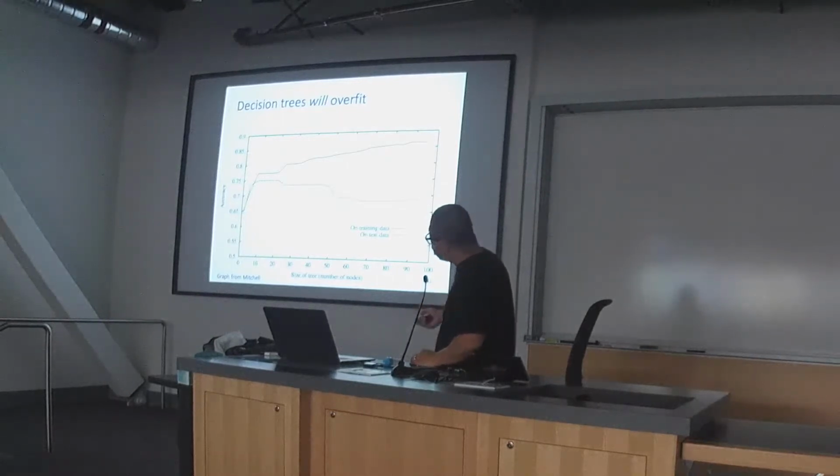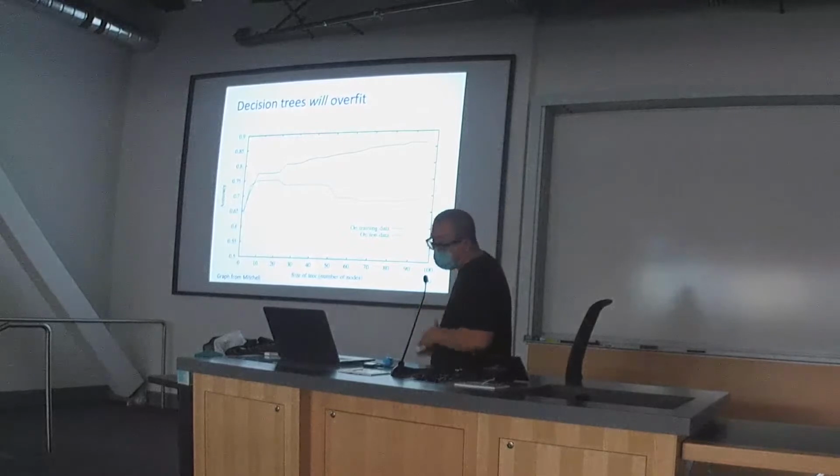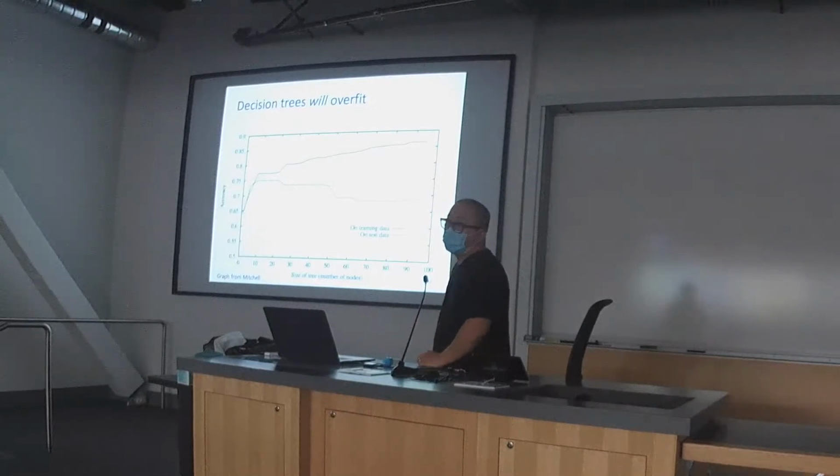From these two curves, what we can observe is that at the beginning, when the tree is very small and you increase the tree, both the training and test accuracy increase. Meaning that fitting the training data better and better can indeed help you predict examples in the future.